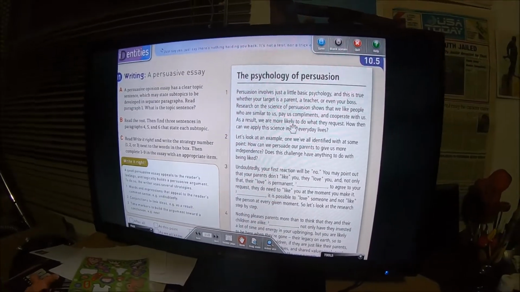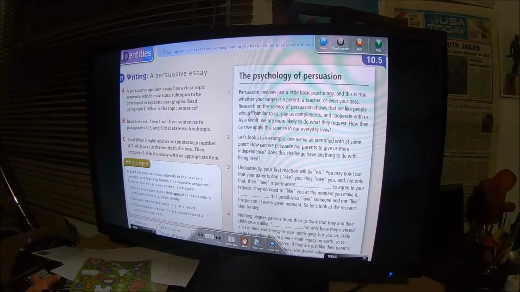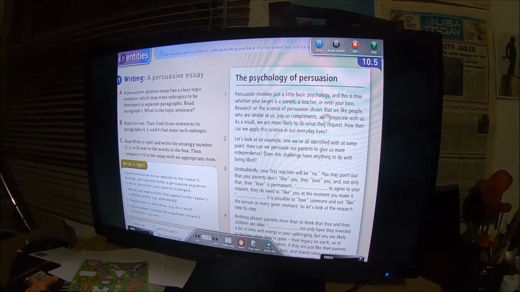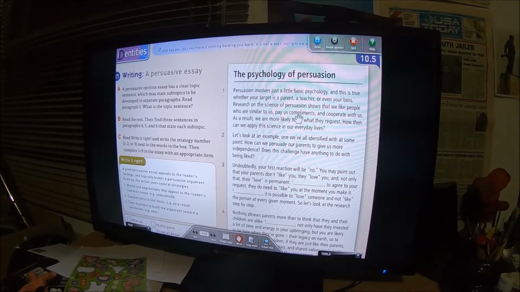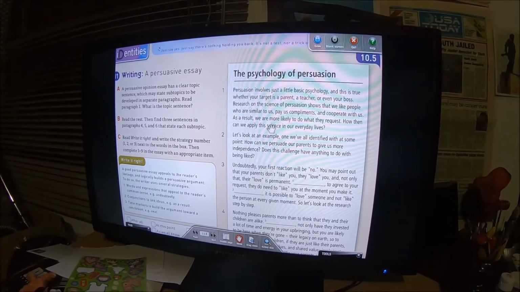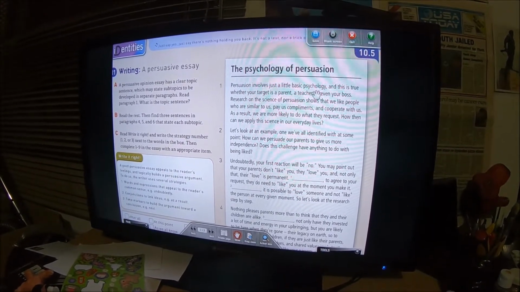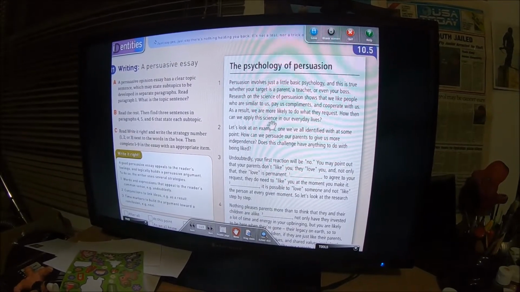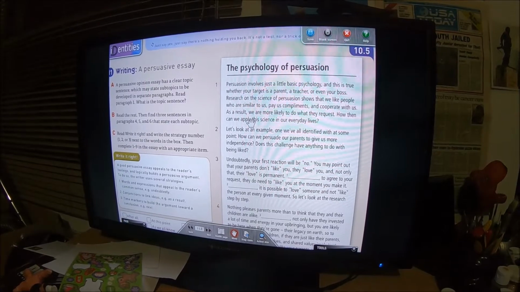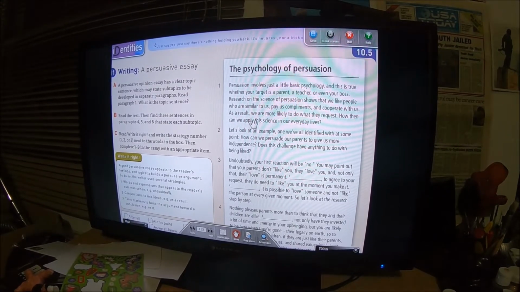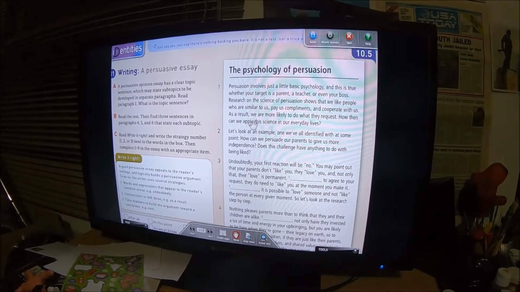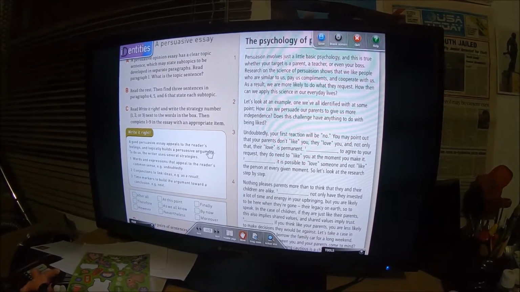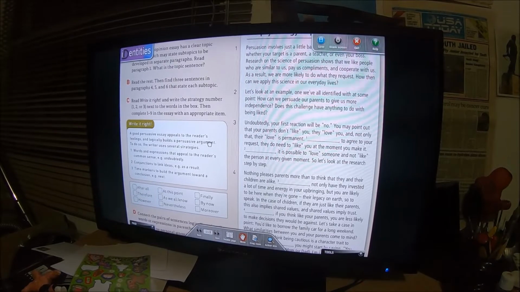Well, if we look at it, class, it would say, research on the science of persuasion shows that we like people who are similar to us, pay us compliments, and cooperate with us. So this one is the topic sentence, which the subtopics will be about. When you are writing your persuasive essay, you're going to have to write a topic sentence that encompasses the whole theme of your paragraph.